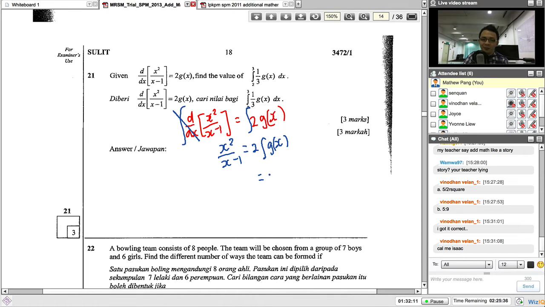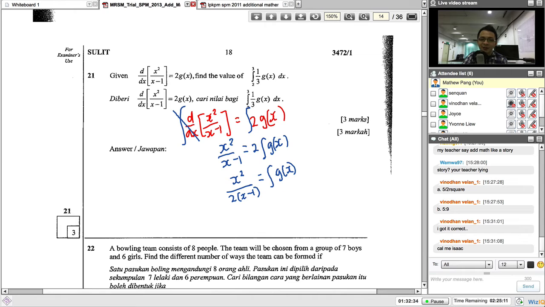So over here, what does the question want? The question wants 1 over 3 of the whole thing, right? So I do this part first. g(x), I move the 2 to the other side. It's just x squared over 2(x minus 1). Okay, so I just integrate g(x) here.